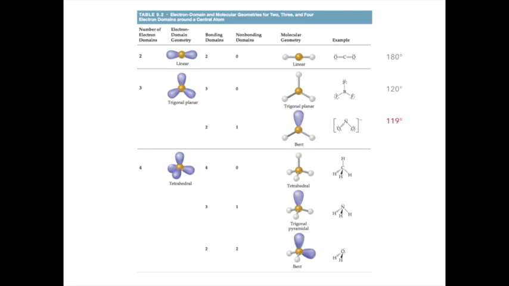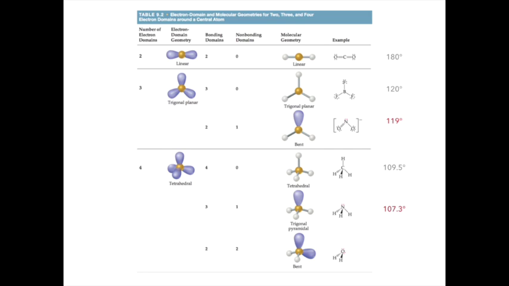Notice that the electron domain geometry is now different from the molecular geometry. And really quickly, for tetrahedral, the bond angle, instead of being 120, is actually going to be 109.5. And all of these bond angles, remember, result from your VSEPR model, the fact that these atoms are trying to avoid one another as much as possible. So as we would predict, the bond angle for trigonal pyramidal should be less than that, and it's actually 107.3. And I'll talk about why in just one second.